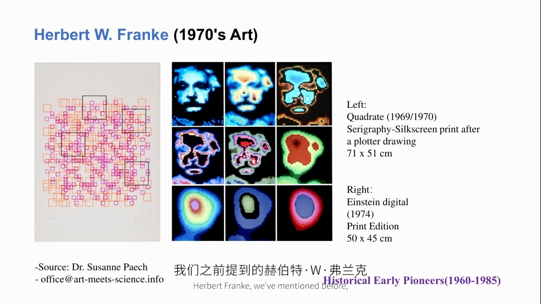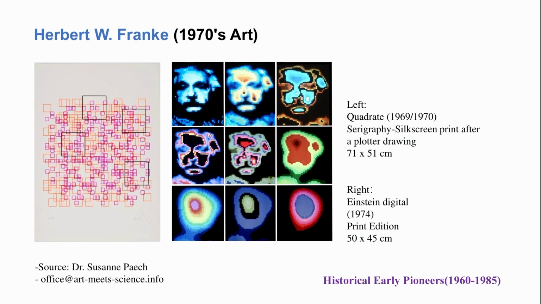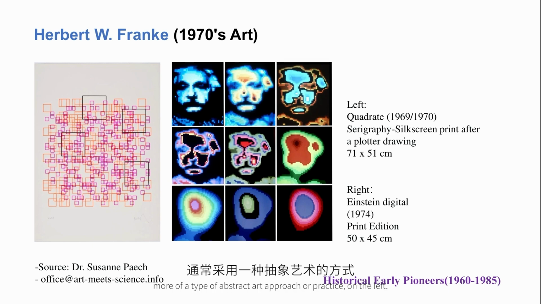Herbert Franke, we've mentioned before, using here some early examples of his work using computer systems. So you have renditions of geometric patterns, often using more a type of abstract art approach or practice on the left.